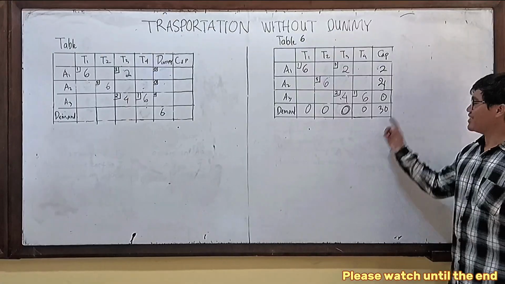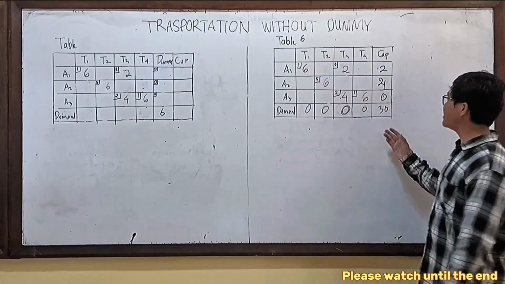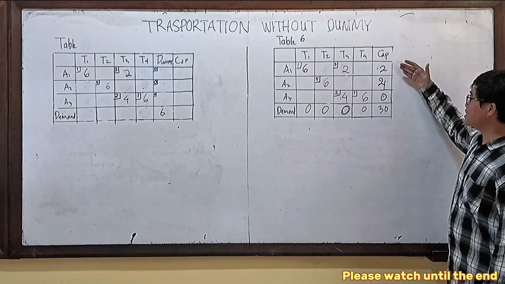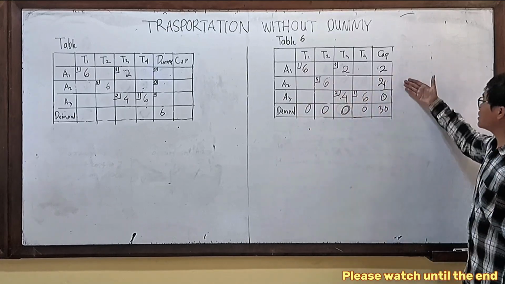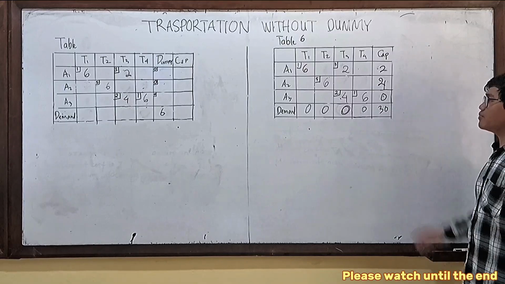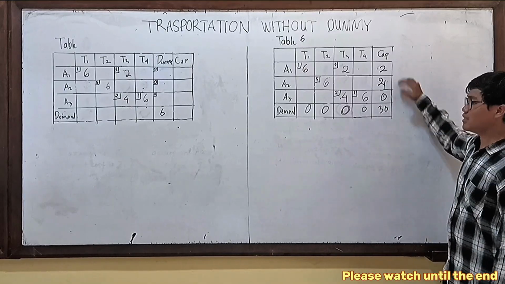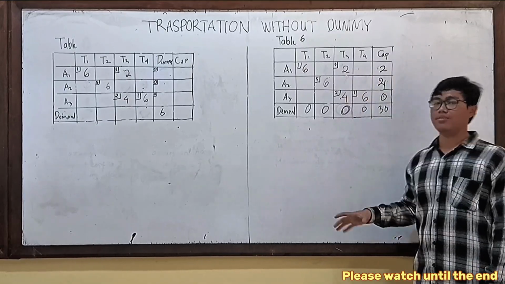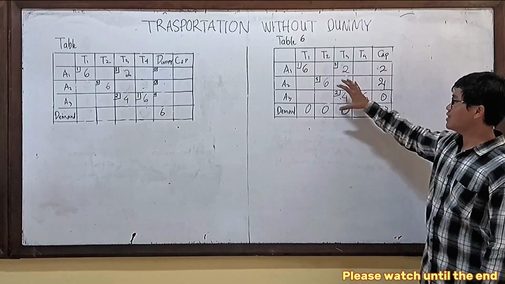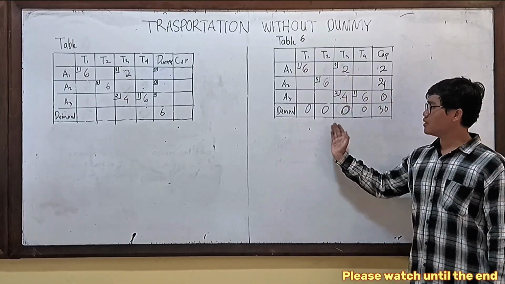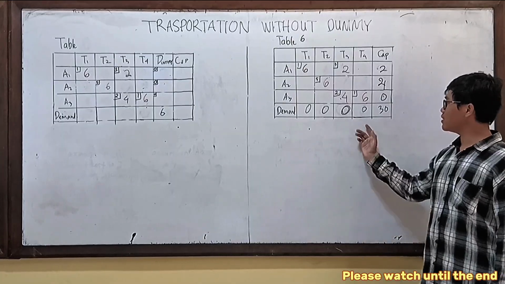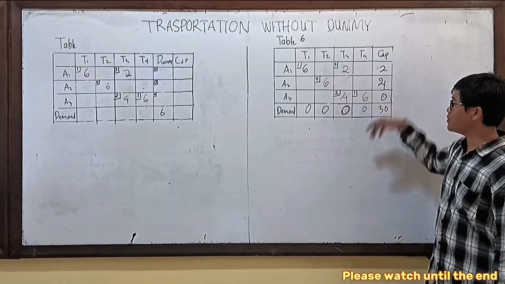Okay, we have this program before, and we still have capacity 2 in row A1 and capacity 4 in row A2. Then we must add the remaining capacity to the program. But if we directly add the capacity in this program, we have no remaining demand because our column demand is 0.